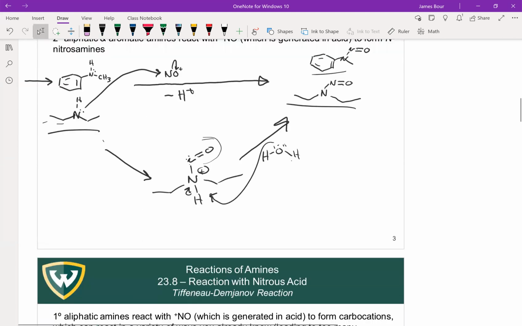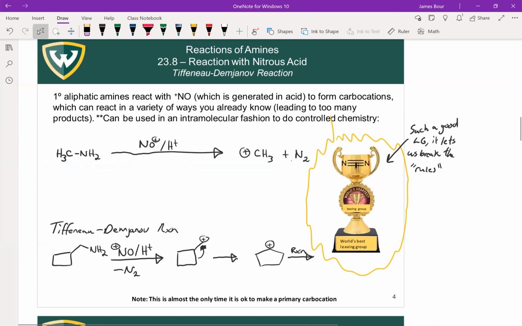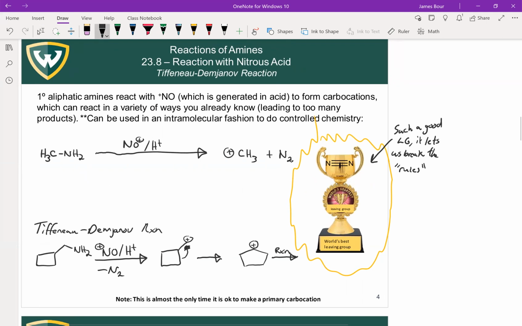So moving on to more interesting reactivity, if we nitrosylate primary amines, we actually get a relatively different reaction outcome. And the reason for that is because we can get to an intermediate that looks like this, where in this case, if we had methylamine, we could get to the N-nitrosomethylamine.